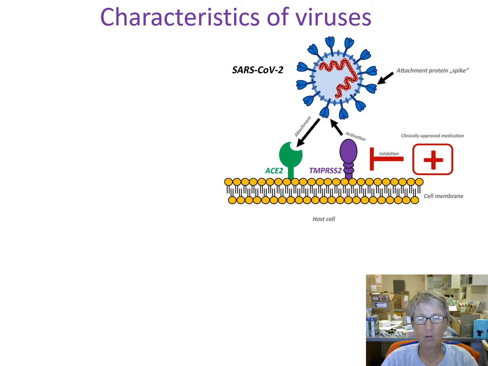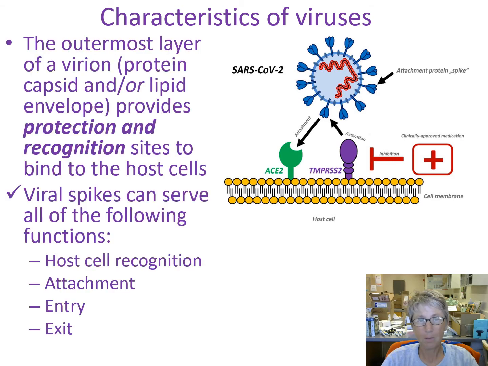So here's our coronavirus 2 cartoon. The outermost layer of a virion, so this actually would be a virion because it's outside the host cell, is a protein capsid. So this blue thing right here on our coronavirus, this would be the capsid.